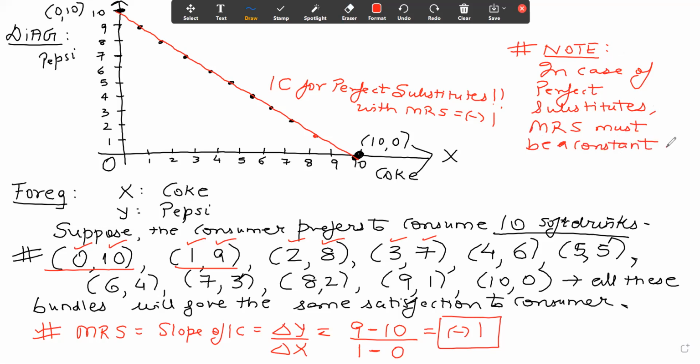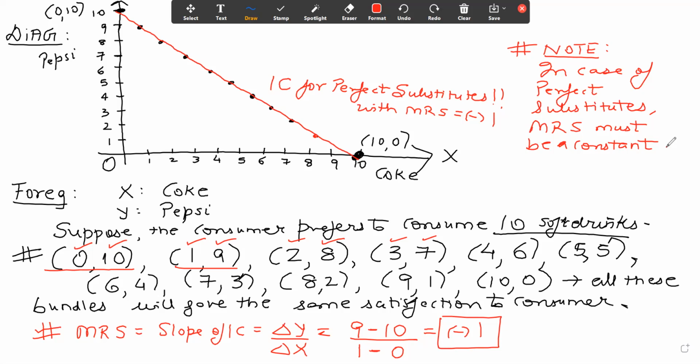But please do not think that it should be equal to 1 only. No. It can be minus 2, it can be minus 3, it can be any constant number. It can be even in fractions. It can be minus 1.5 also. So MRS must be a constant.